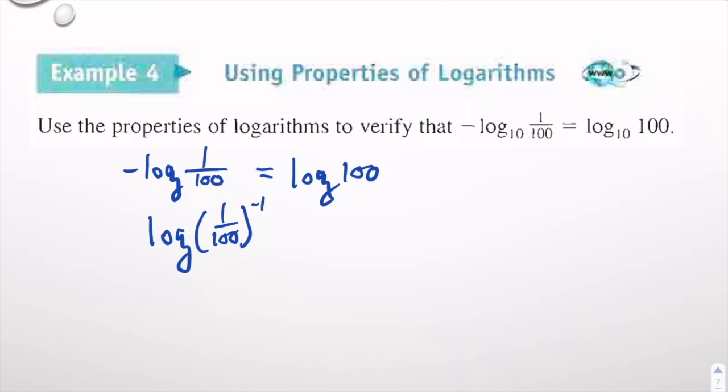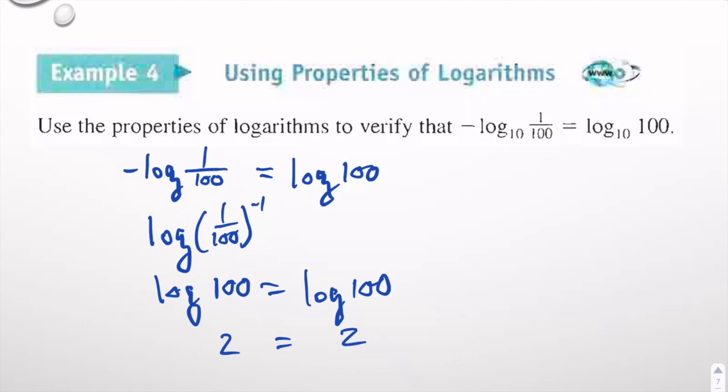So that's 1 over 100 to the negative 1 power, which is of course the same as saying 100. So that's log of 100, which is equal to the log of 100. And if we want to take that further and just go ahead and evaluate those logs, we know that the log of 100 is 2, because 10 to the 2 is 100. So 2 is equal to 2, and there we have it.